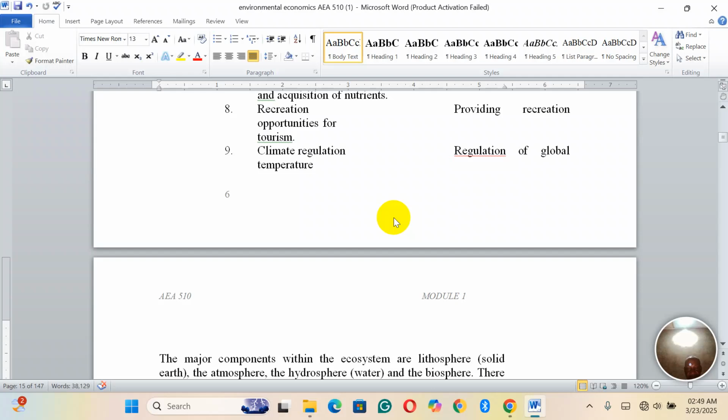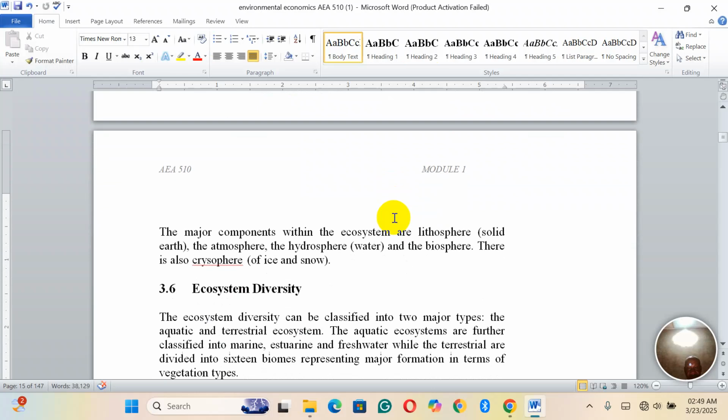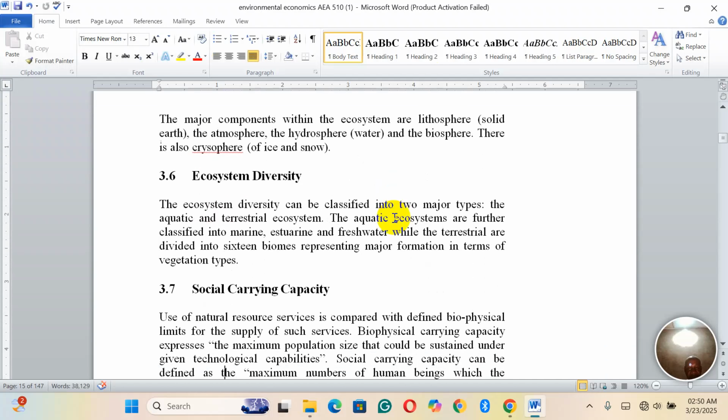So the major components within the ecosystem are the lithosphere, solid earth, the atmosphere, the hydrosphere, water, and the biosphere. There is also the cryosphere of ice and snow. Then we're looking at ecosystem diversity.